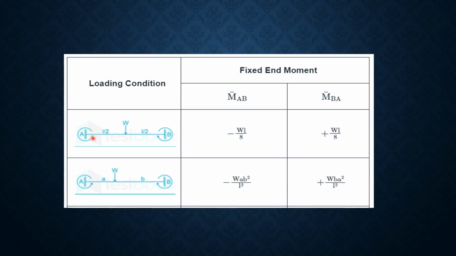The common thing is a fixed beam, but in the first condition the point loading is at its center, and in the second condition the point loading is applied eccentrically. MAB is the fixed end moment for the first end, A, and MBA is for B. The moment at the first end is negative because it is anti-clockwise, and at the second end it is positive because it is clockwise.